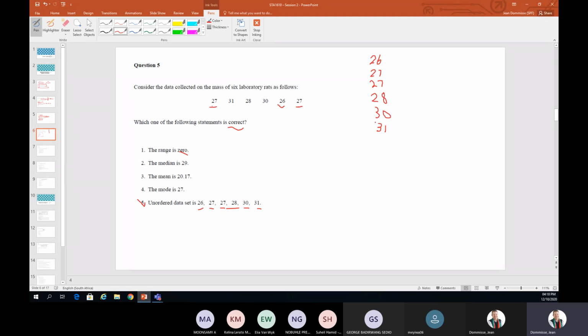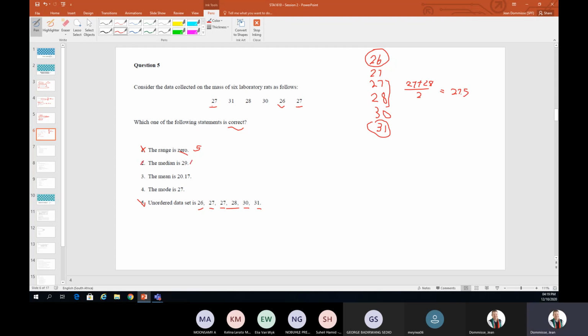Okay, so the range, biggest minus smallest, so the range would have been 5, so that is wrong. Median is looking at the two middle numbers, so it is 27 plus 28, and we divide that by 2, so the median is actually 27.5.